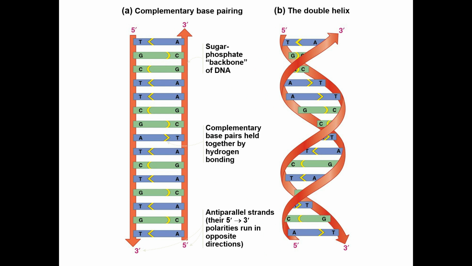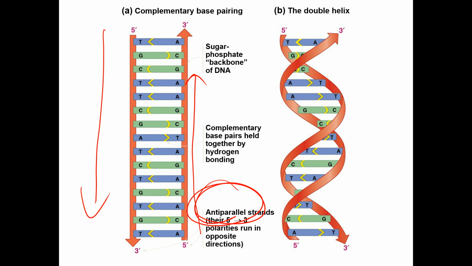So looking at a molecule of DNA. DNA is double-stranded. You have 2 strands of polynucleotides, and these polynucleotides are oriented in opposite directions. One goes in this direction and the other goes in the opposite direction, so they are anti-parallel.